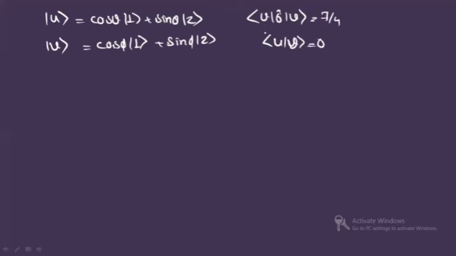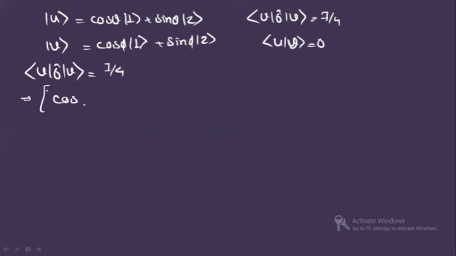So when you use this condition, bra v, the operator, ket v is equal to 7 by 4, right? So this condition we will be using. First we will write this ket v in the notation of bra v.